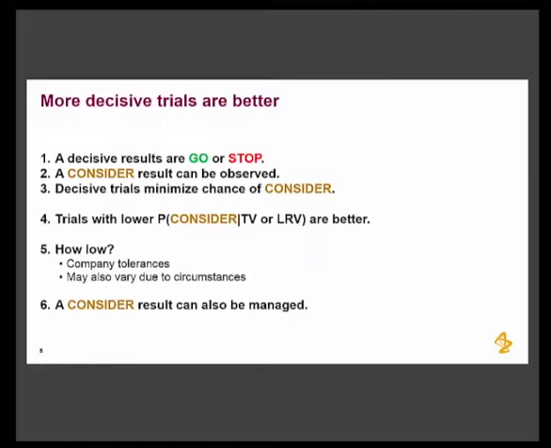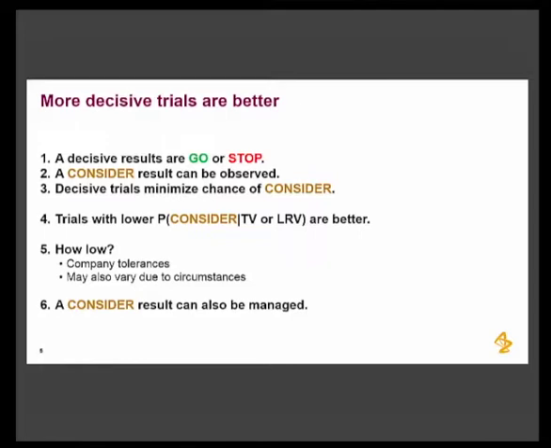You can clearly get what we call consider results, and these are the ones that we've called amber results internally. If you get an amber result, it usually tells you that you either need information from other variables of the trial, or if you're doing this at an interim, maybe you need more sampling to let the trial run longer to give you more information.